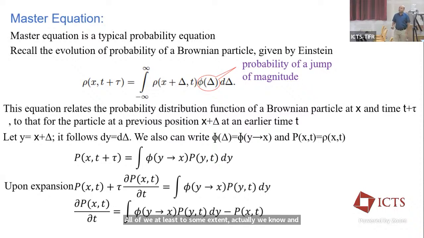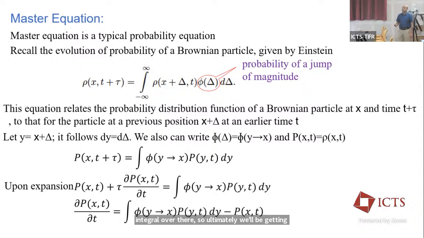And recall that in the Brownian motion, the Einstein theory, whatever we have discussed, the evolution of this density is like that. So as I already mentioned, rho of x, t is the density of the particle at t plus tau. This is the current time. What is the location of this particle, and if it experiences delta amount of push, and if we multiply it with this distribution function and take the integral over there, ultimately we will get this kind of relation.